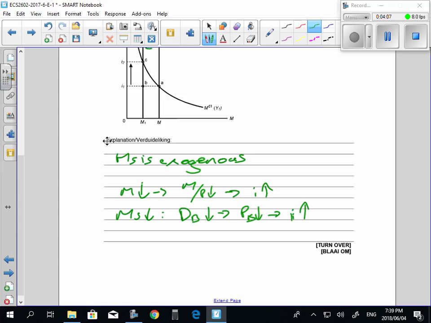Inverse relationship between your price of bonds and your interest rates. Okay. The SARB sells bonds, price decreases and your interest rate increases.